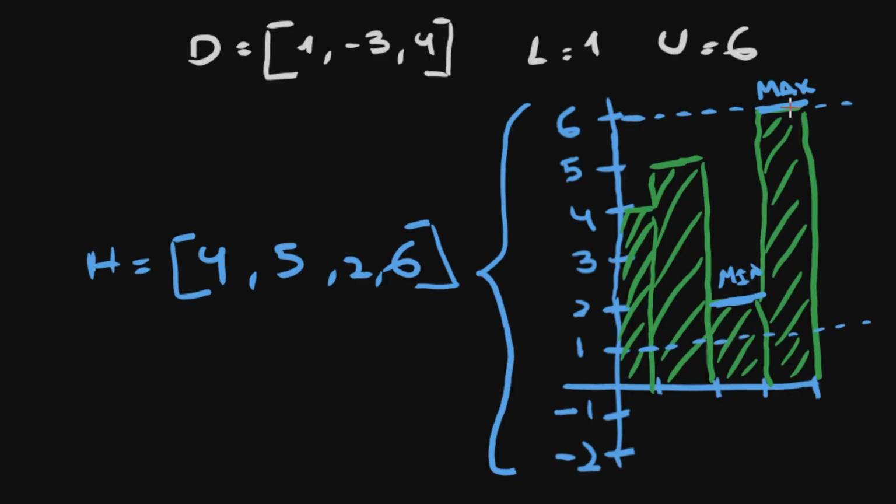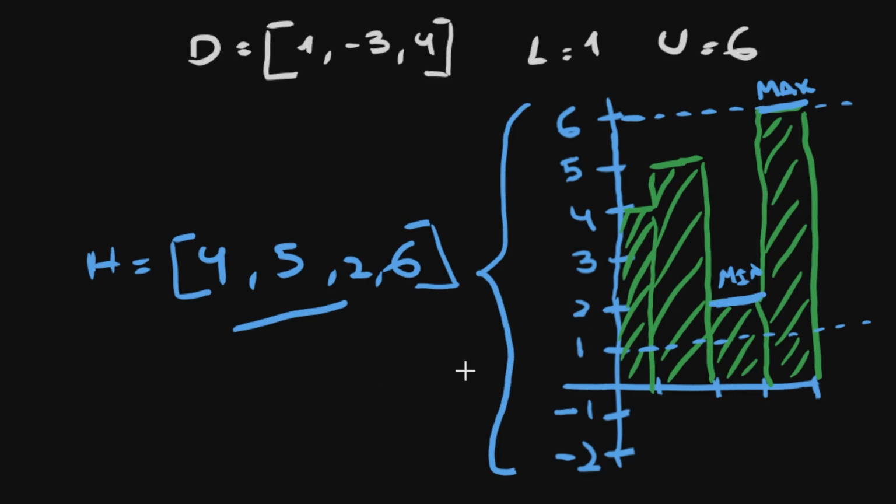So we know that we have one valid array, which is this one. This is valid because it's in bounds, in between 1 and 6. So how many more arrays can we add to our result? Well, the answer is the minimum value in the array minus the lower bound. That's how many more arrays we can add to the result.